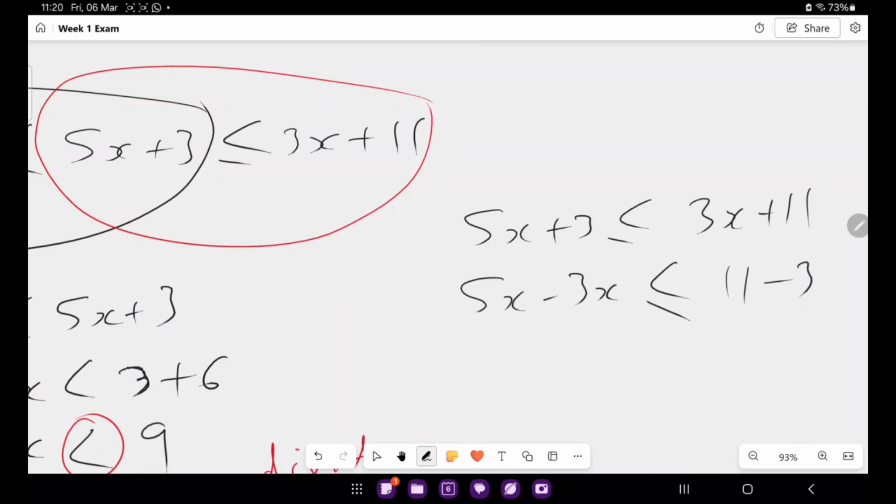I grouped like terms once again, took all the terms that have x to the left hand side, and all the constants to the right hand side. So 5x minus 3x, we get 2x, which is less than or equal to 11 minus 3, we get 8.